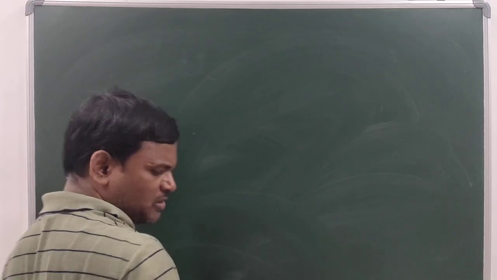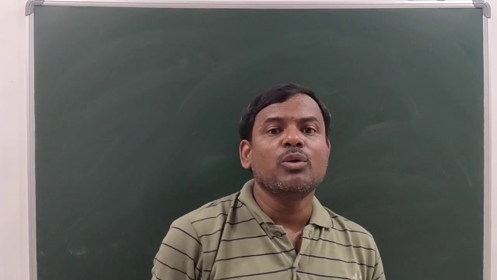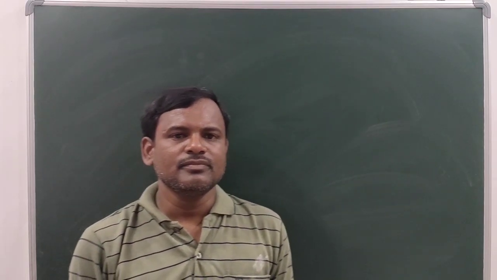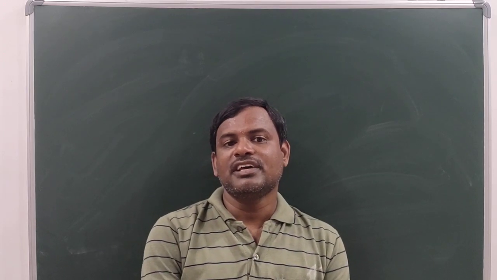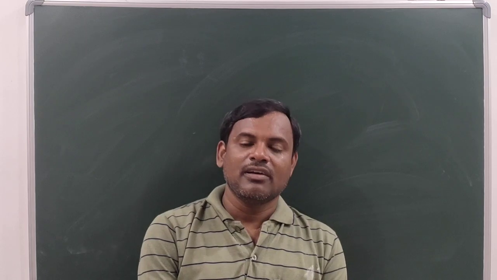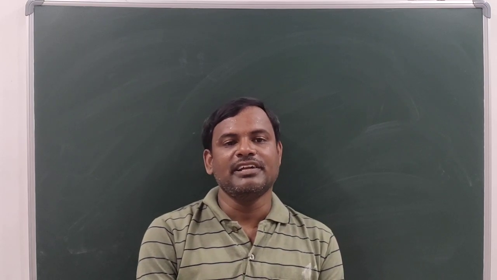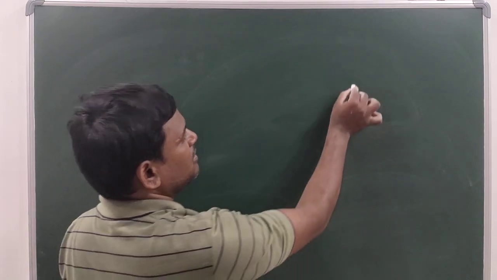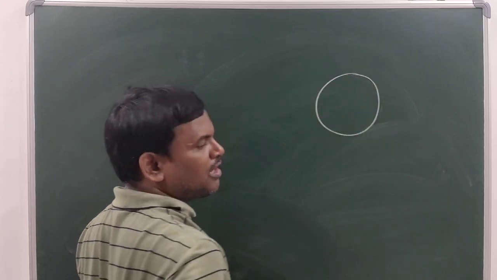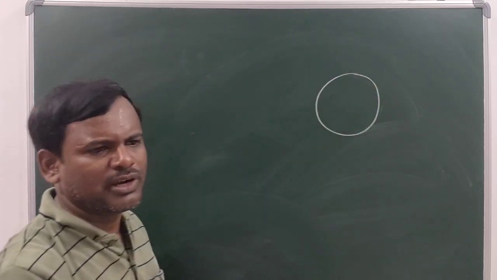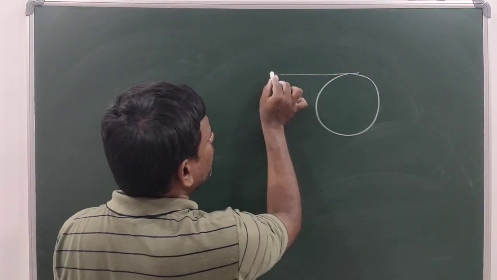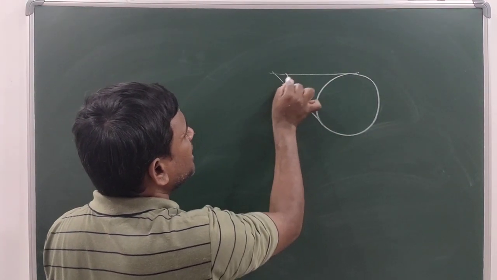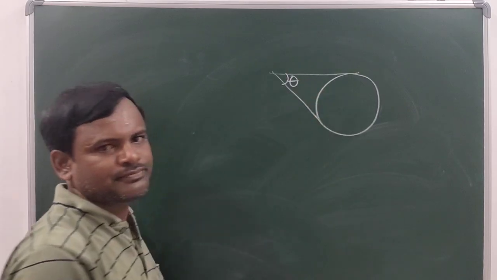Now, I am asking you to write the locus of points where the tangents are intersecting, where the tangents are making an angle theta. See, this is the circle. On the circle, infinitely many tangents you can draw. But I want the locus where the angle between the tangents is theta.